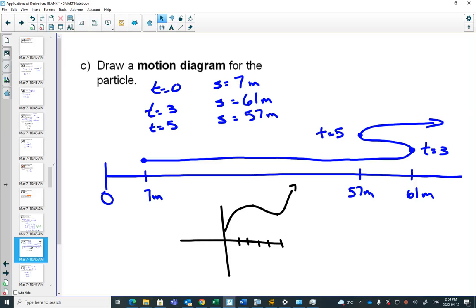Then at 4 seconds, which is somewhere in here, would have been an inflection point on our graph. At 4 seconds, it's switching from slowing down, slowing down, and picking up speed in this direction, and then now it's slowing down in this direction and picking up speed to go in that direction.